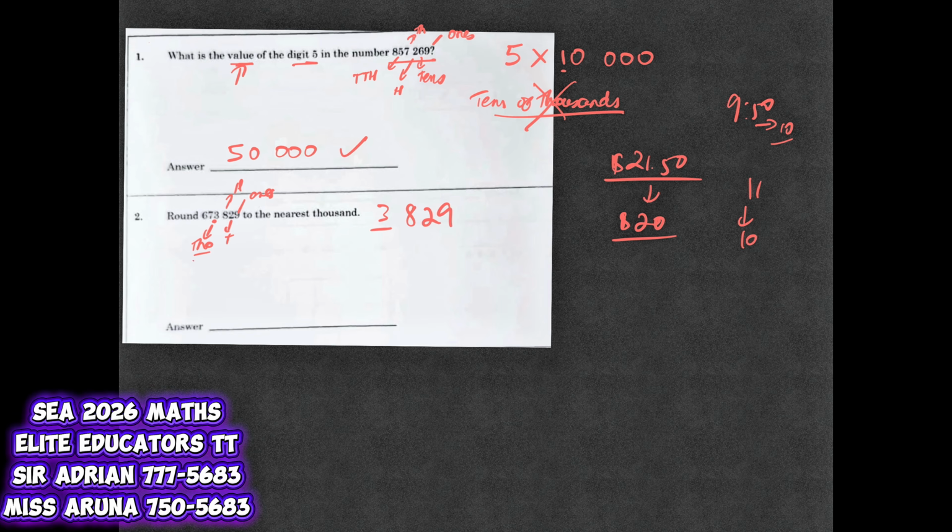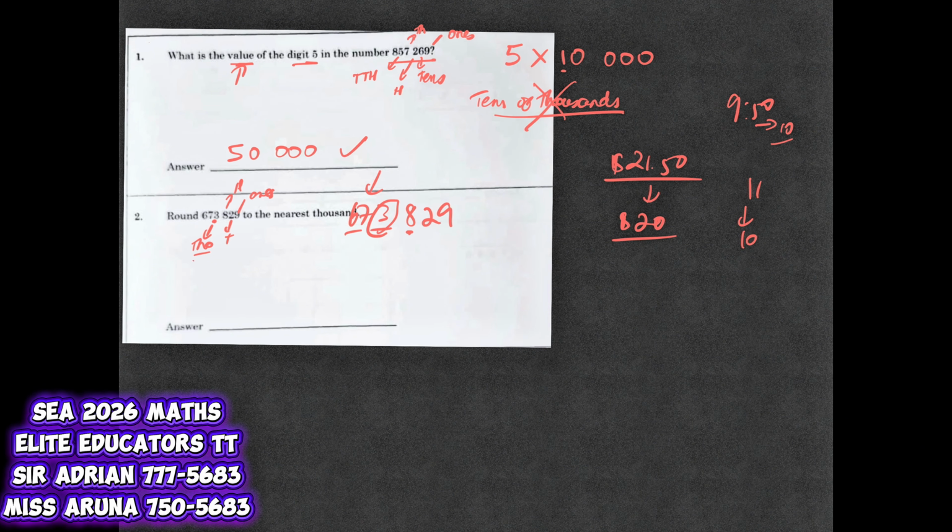Somebody who created this exam is a genius because they put 6, 7 in front of it. And yes, when I saw that this evening, I gave students permission to say it 6, 7. So the number 6, 7 before it, they remain unaffected. So 3 is the thousands position, and we look at the number next to it, which is 8.